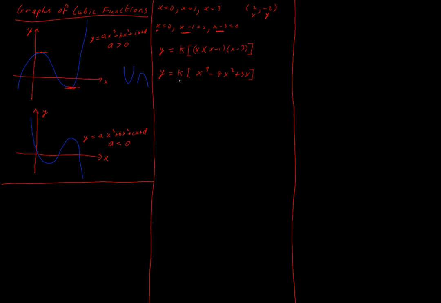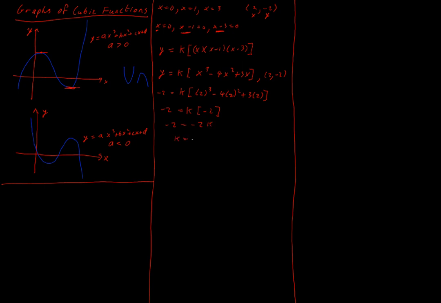And now I need to find this value of k. But I know that 2, minus 2 is a point on my equation. So I can sub in x is 2, y is minus 2, and find the value of k, just like we've done before. So I sub that in. And when I simplify this bracket, I'm going to get minus 2 is equal to minus 2k.